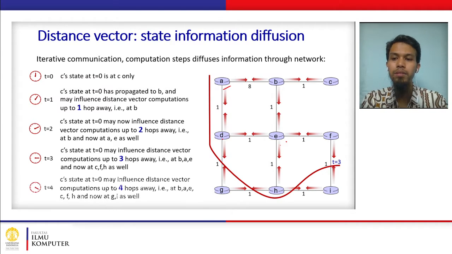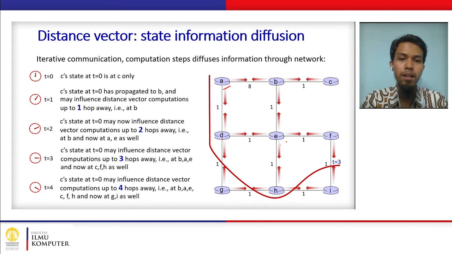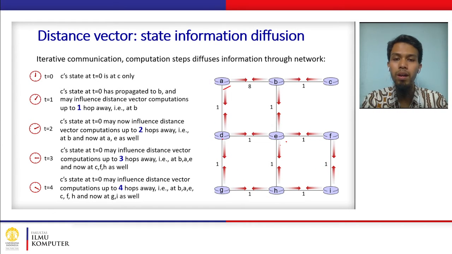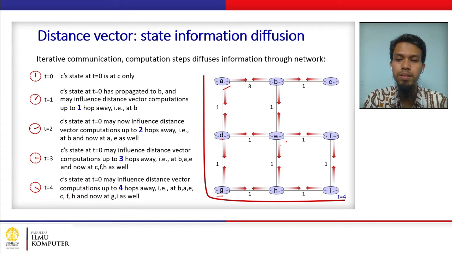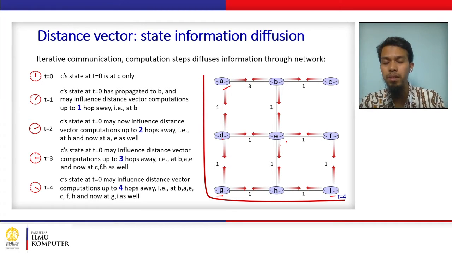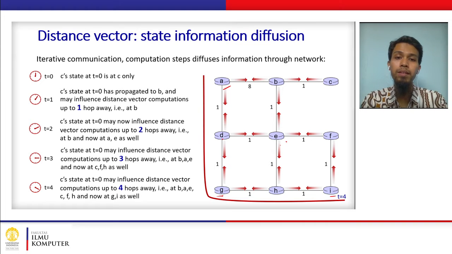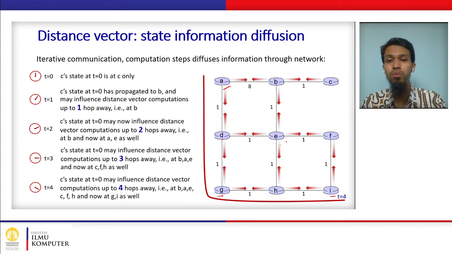And finally at t equals 4, the state at C at t equals 0 has propagated to also G and I. So basically, at t equals 4, the state at C when t equals 0 has propagated to all the nodes in the network. When t equals 1, there may be some changes in C, and then it has been propagated to all the nodes as well.